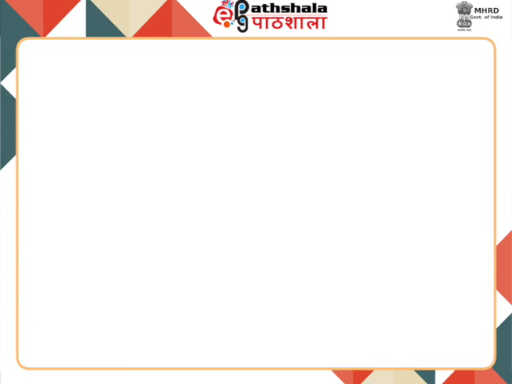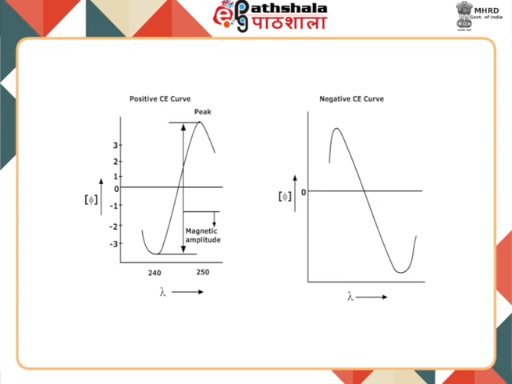Each Cotton effect consists of two extrema, a geometrical maximum called a peak and a geometrical minimum called a trough. The Cotton effect is called positive if the optical rotation first increases as the wavelength decreases.